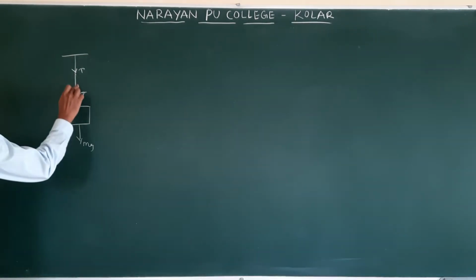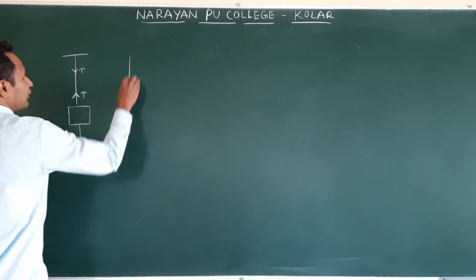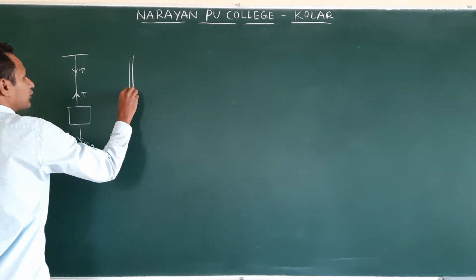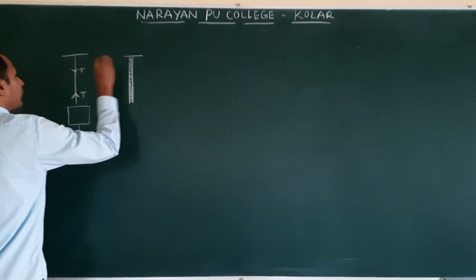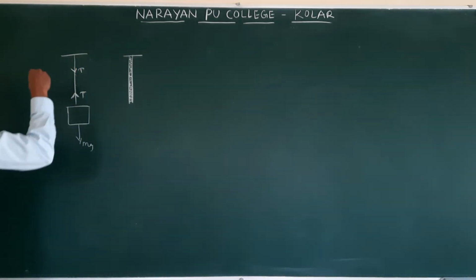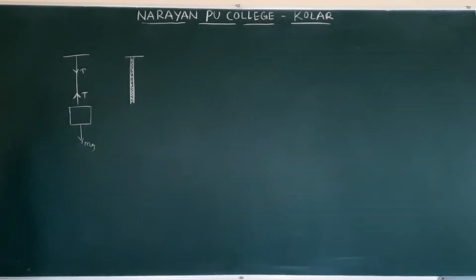See, it is massless, so this tension is uniform. Suppose it is a thick string. In this case, tension is not the same at each and every point, but in the massless case, tension is the same at every point.